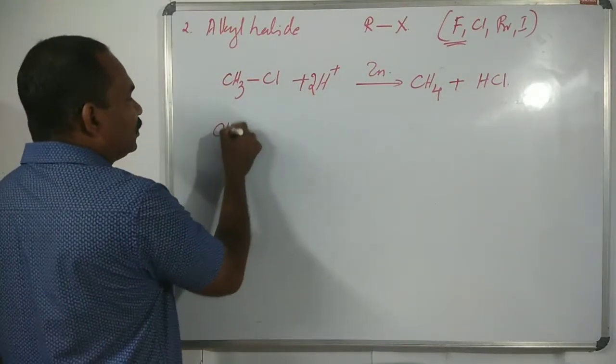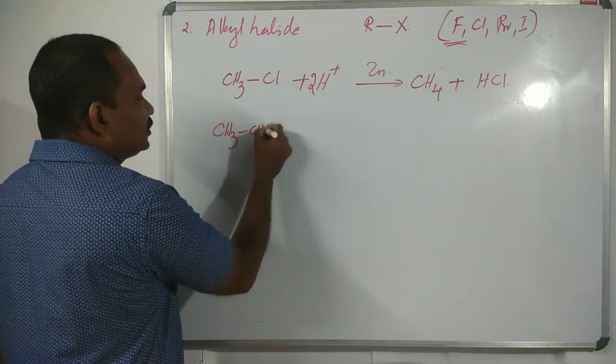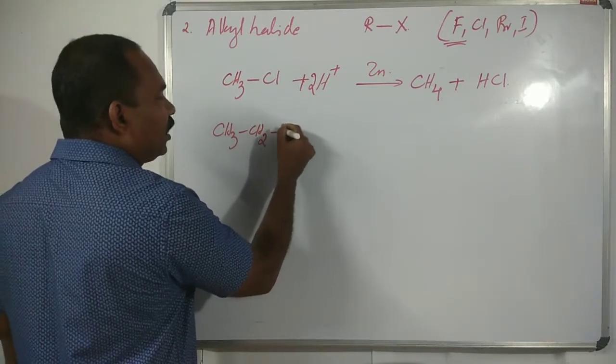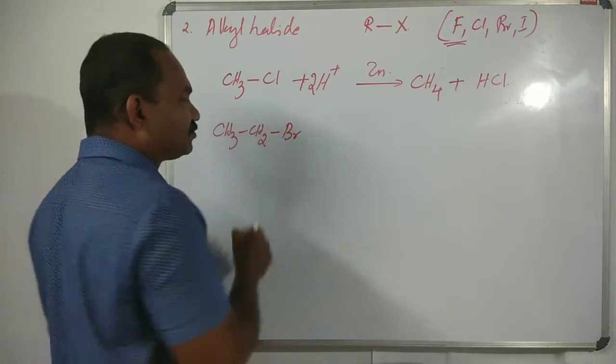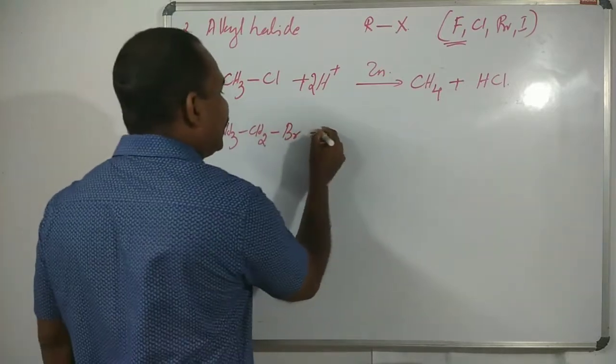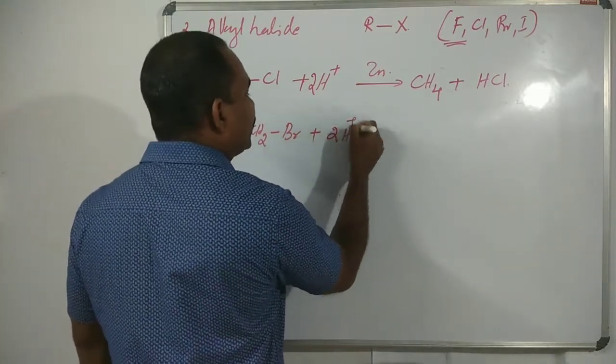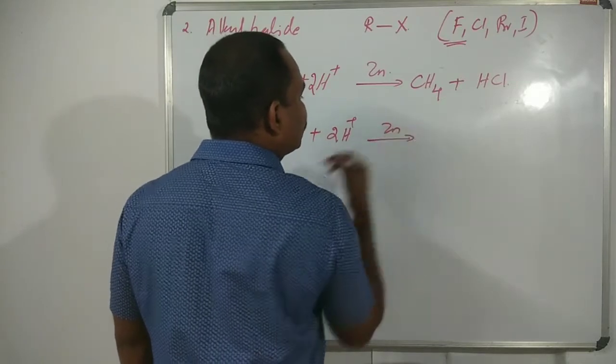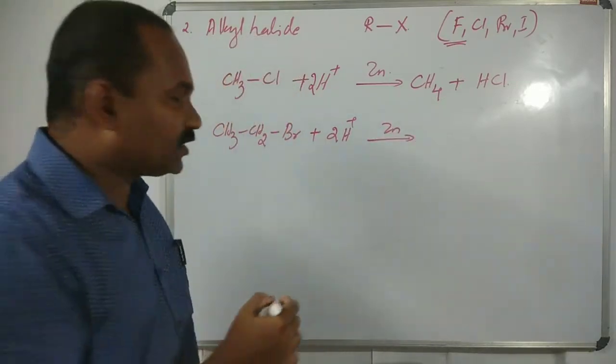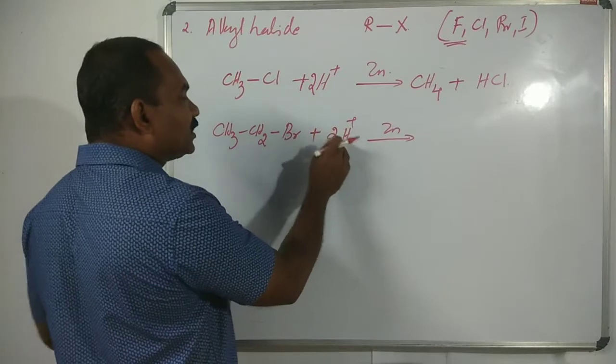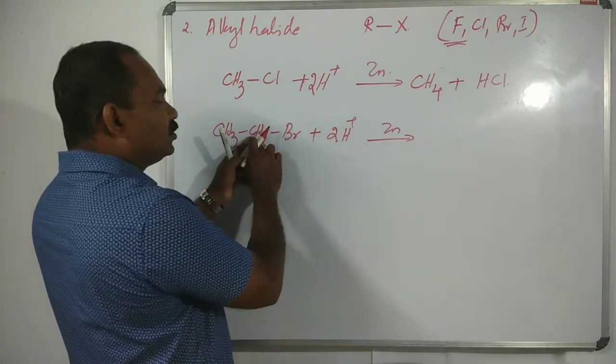One more example. CH3CH2Br plus 2H+ in the presence of zinc. Remember that one hydrogen is added to the carbon atom.